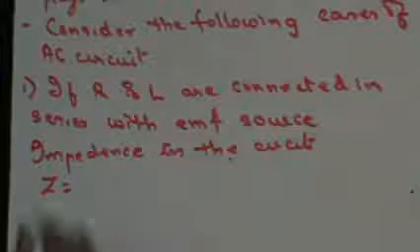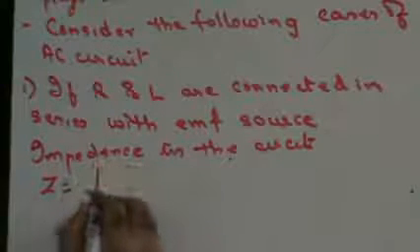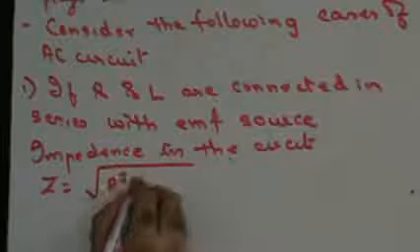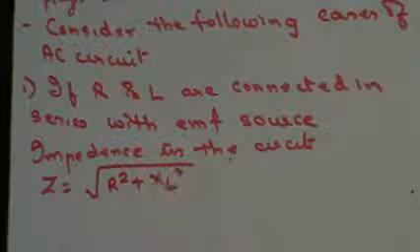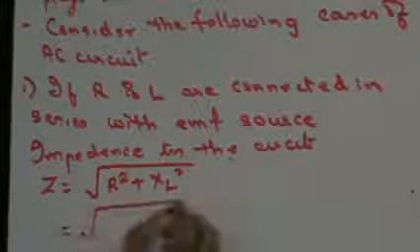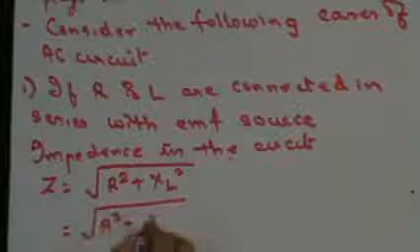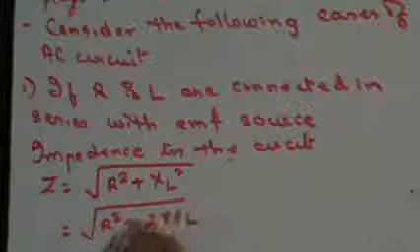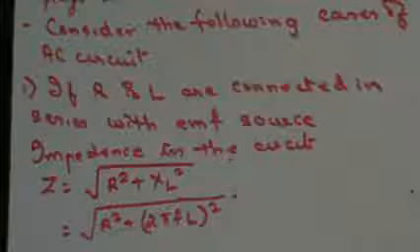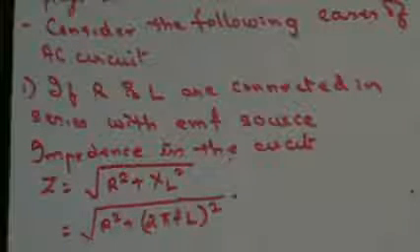Impedance is equal to the square root of R square plus XL square, but XL is equal to 2 pi FL, so this is the square root of R square plus (2 pi FL) the whole square. This is the impedance in a series circuit with R and L, right? Do we get this thing clear?